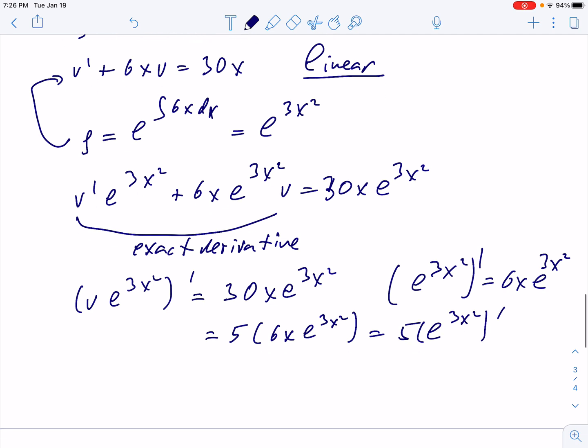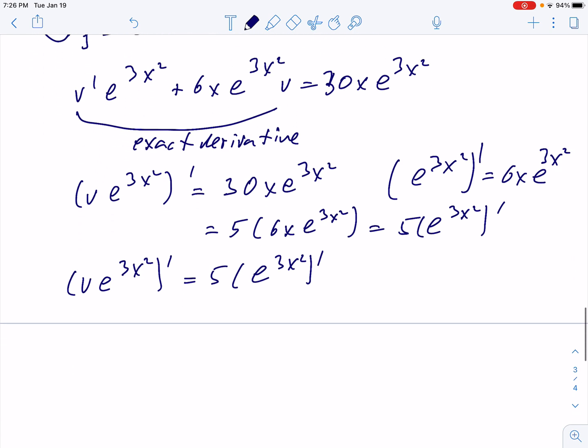And our original equation takes a very interesting form. It has the form v times exponential 3x squared, all this prime, equals 5 times exponential 3x squared prime. So I hope you appreciate this transformation. We're just rewriting the original equation using Bernoulli's method.